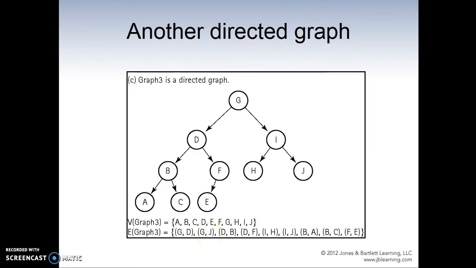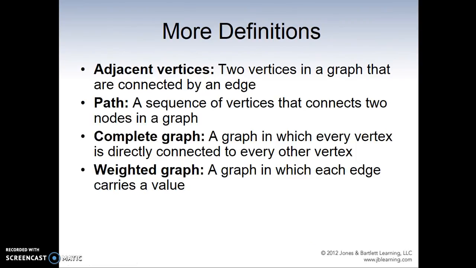Graph 3. This is like a binary tree, right? BST. BST technically is a graph. It is a directed graph with all the nodes and all the edges. Adjacent vertices.